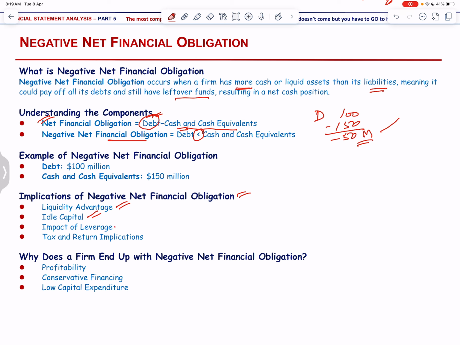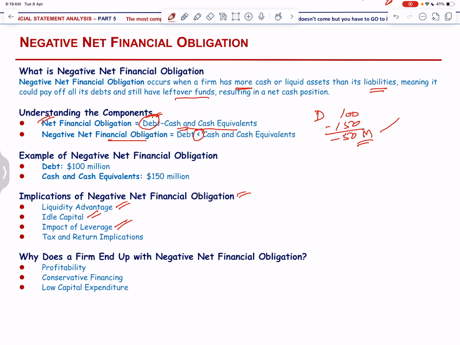A negative net financial obligation means that the firm has negative leverage. This can affect financial ratios and performance metrics, for example, return on capital employed, or what we also call ROCE decomposition. A negative net financial obligation could lead to a reduction in leverage effects as the firm isn't relying on debt to generate returns.